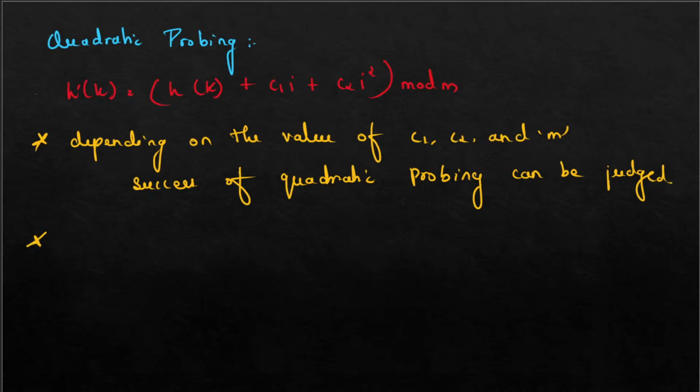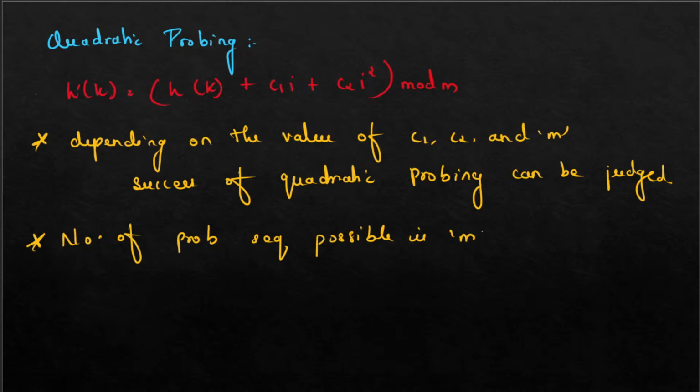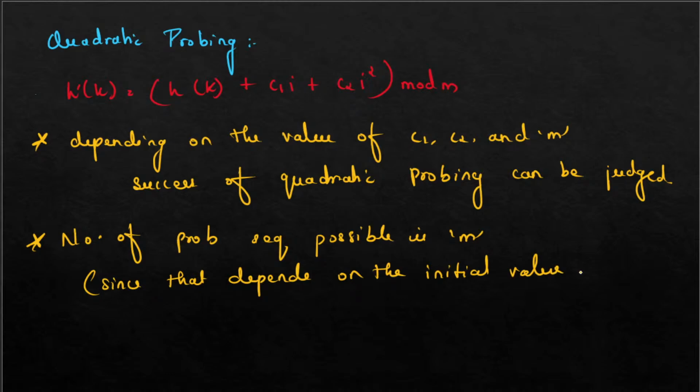Alright, and the number of probe sequences possible is m, since that depends on the initial value.